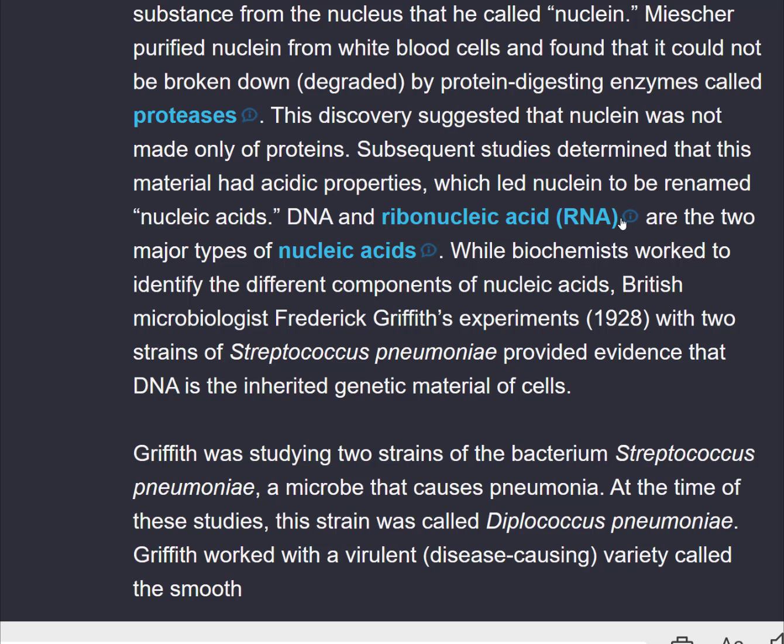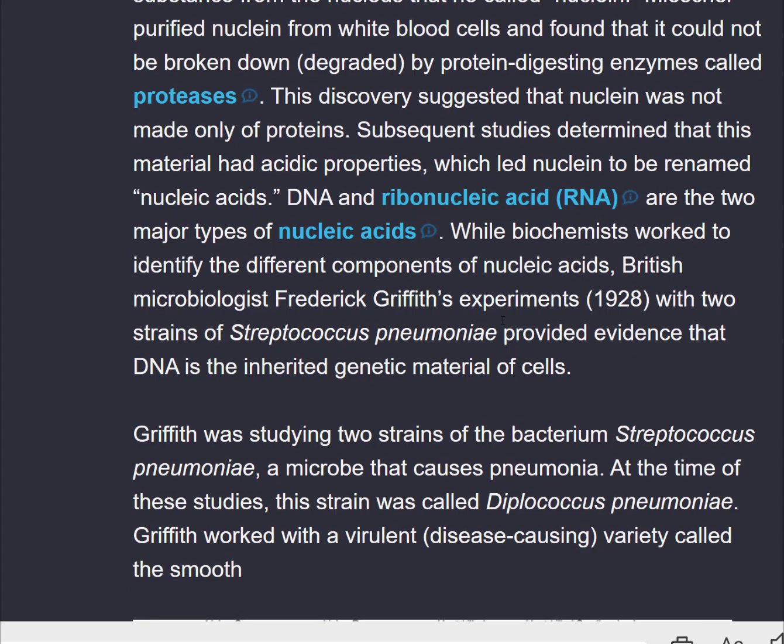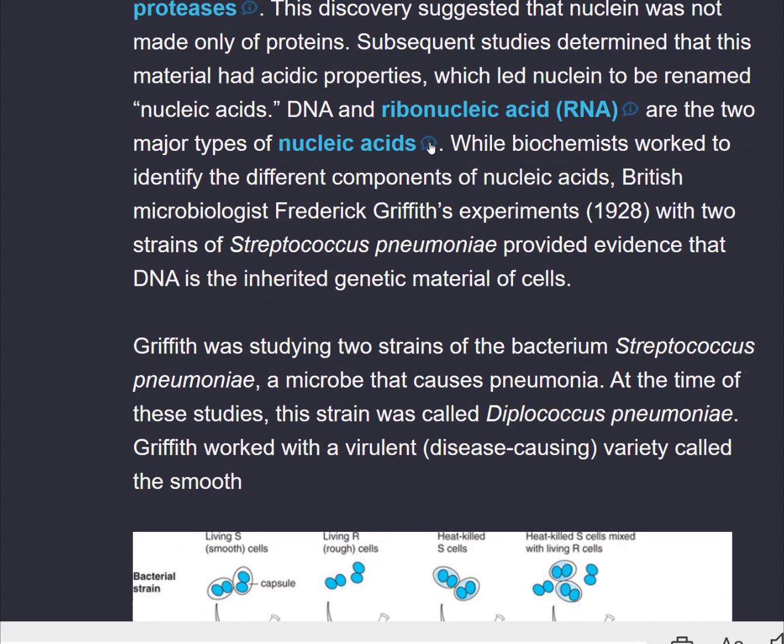Different types of RNA have important functions in protein synthesis. We'll learn about the different types of RNA shortly. Nucleic acids. Molecules composed of nucleotide building blocks. Two major types are DNA and RNA.